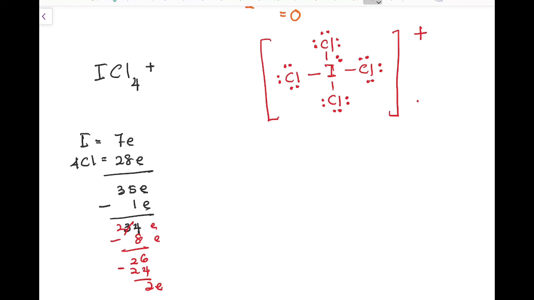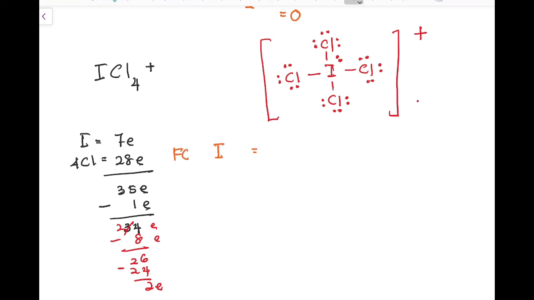Alright, in this case, we have 2 types of atoms. The first one is iodine, and all the chlorines are identical. So we only need to determine the formal charge for iodine first.